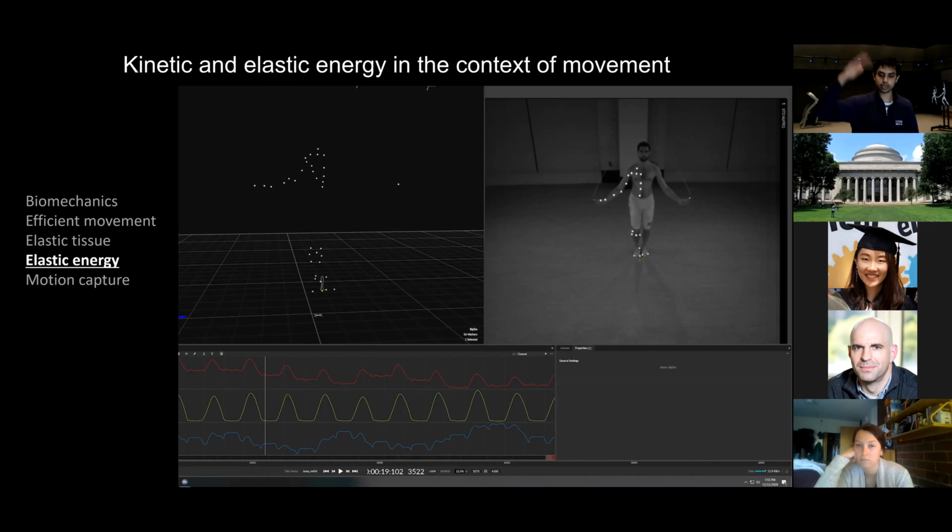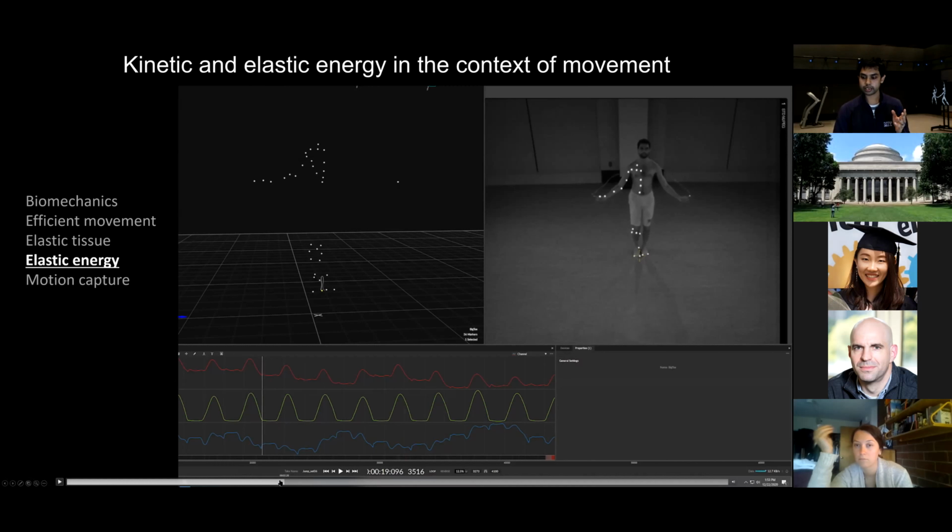So I'm repeating this bouncing motion over and over again. So let's think about where kinetic energy is most. It is at this time point, right before the touchdown. Kinetic energy is least both right before takeoff and right at the top of the bounce, right? So those are two things to keep in mind.